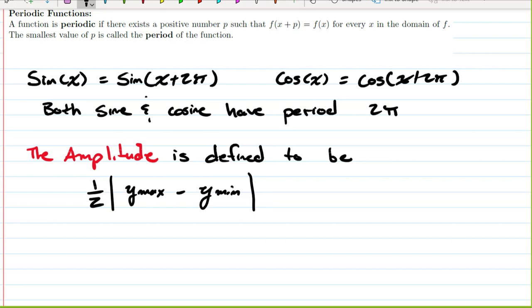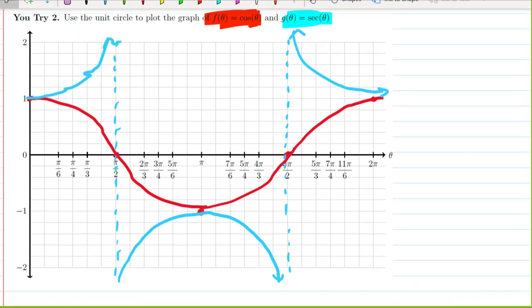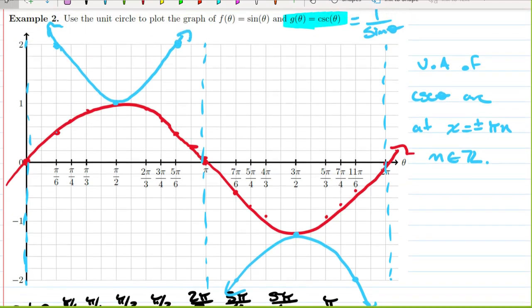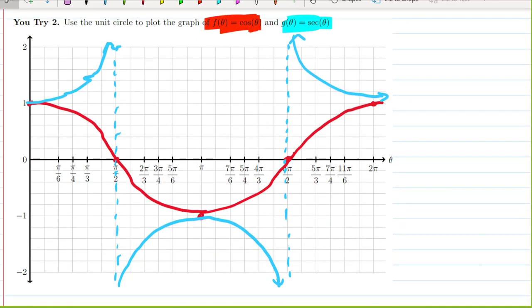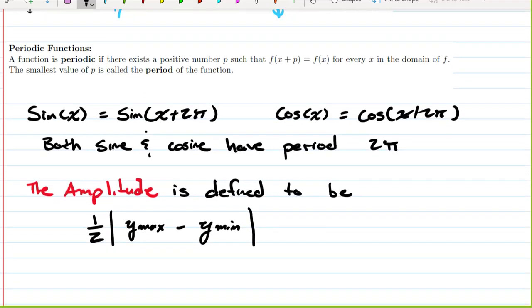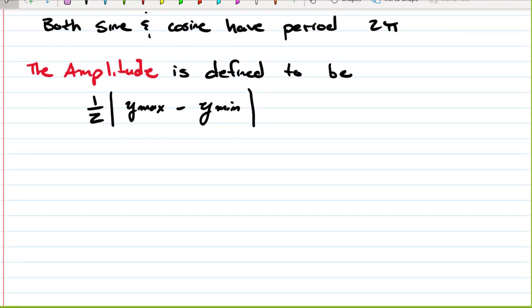So for both sine and cosine, based on what we did above, what's the biggest value that ever comes out of sine? 1. And what's the smallest value that ever comes out of sine? Well, that's -1. And if we look at cosine, we get the same thing. Its largest value is +1, and its smallest value is -1. So for both sine and cosine, we have 1/2 times the absolute value of y max, which is 1, minus y min, which is -1.